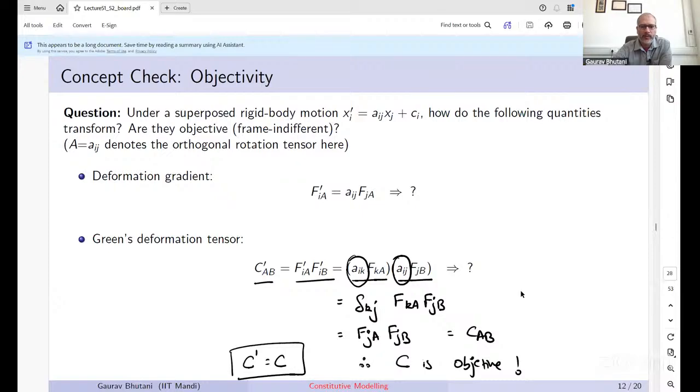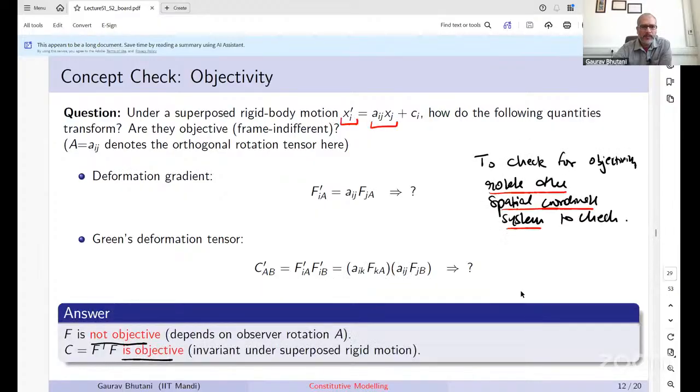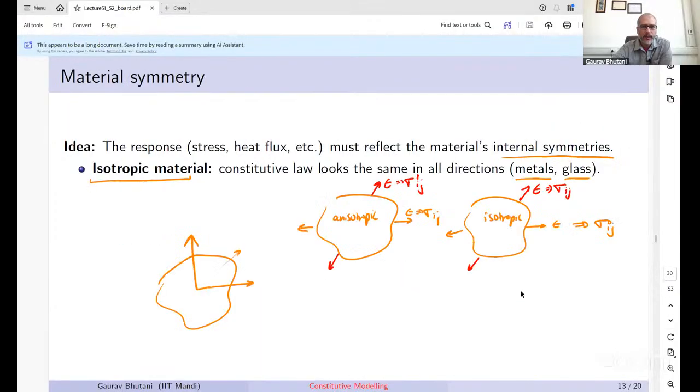So we relate the Piola-Kirchhoff-2 stress tensor, which is a finite stress tensor that is symmetric, with the Green deformation tensor C in finite deformations. And then we discussed very briefly about material symmetry, where we said that it's not just a matter of the observer making observation, but also about the material as such.